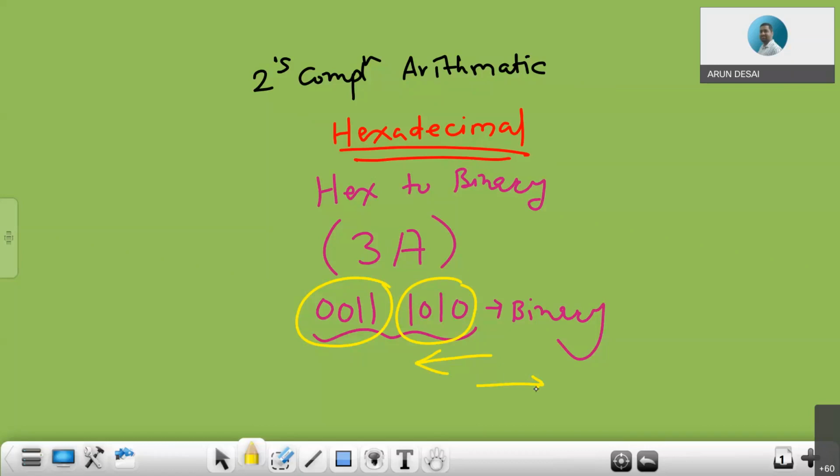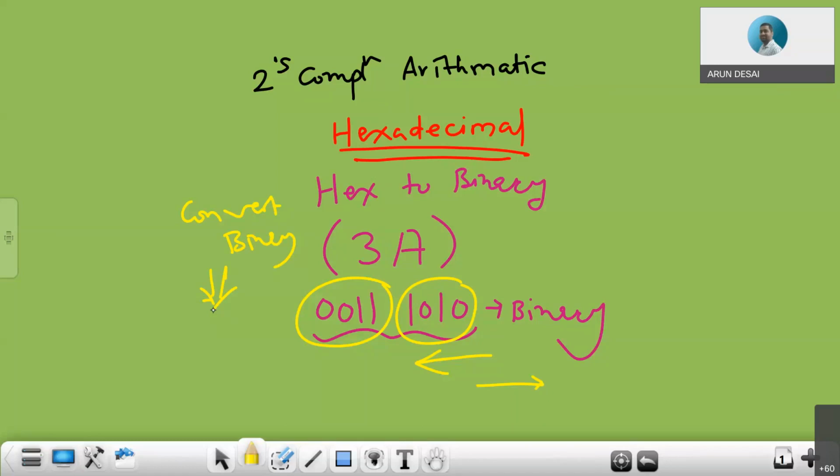Obviously, again, arithmetic is how to add those numbers. If hex numbers are there, convert them into binary and add those binary numbers, then group them into 4 bits and convert into a hexadecimal number. This is how you can do arithmetic for hexadecimal.